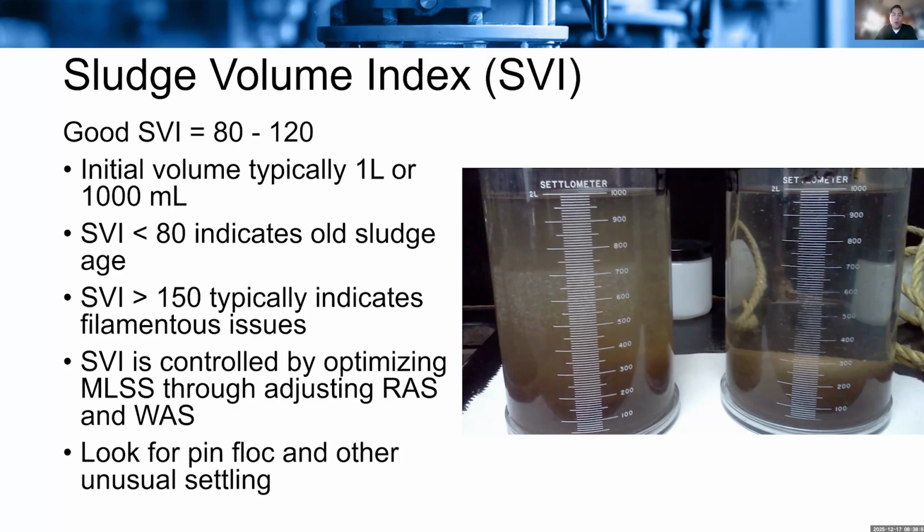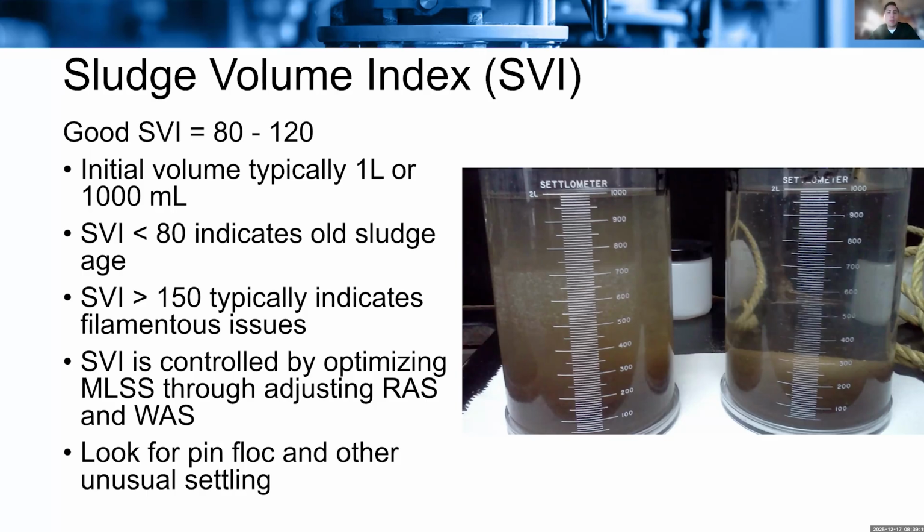Increasing the wasting will decrease the activated sludge process's sludge age and should increase the SVI. And increasing the return activated sludge will return biomass to the aeration basin and decrease the SVI as the average age of the sludge is increased. So if you have too low of an SVI, you can do that as well.